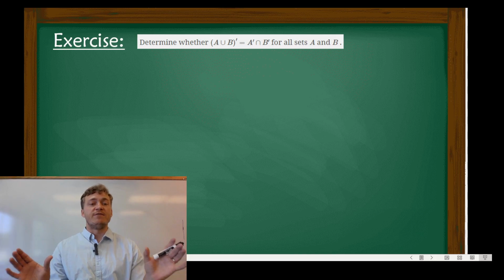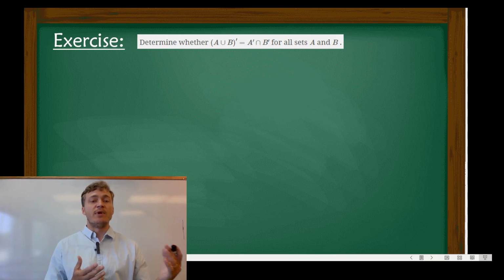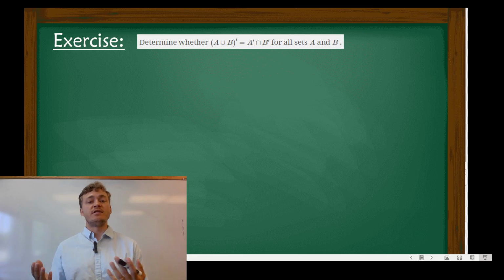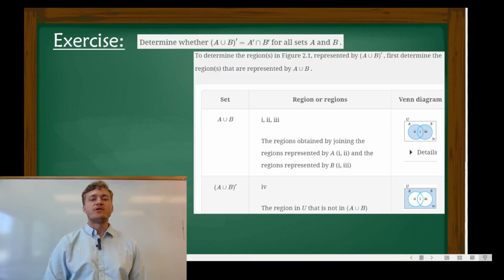And we want to see if those two Venn diagrams represent the regions that will be the same for each. If they are, then these expressions are equivalent. If the shaded regions are not the same, then we will say that these two expressions are not equivalent.